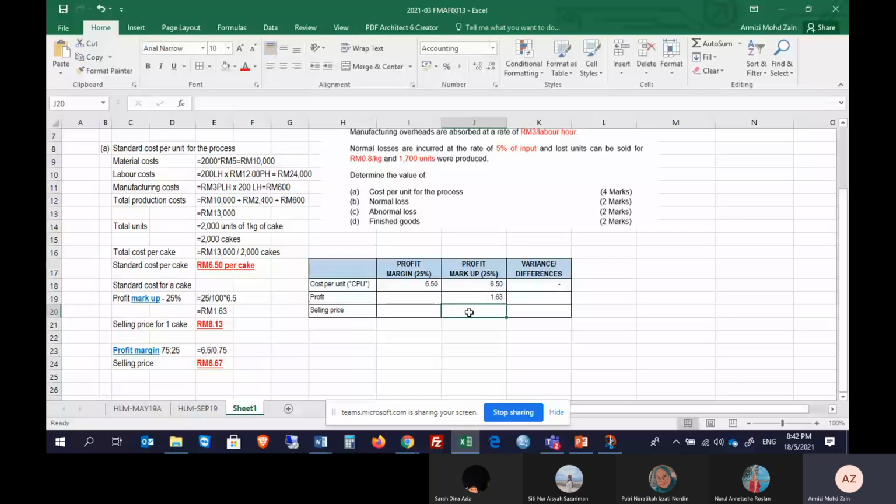Ini dia dapat 1.63. So selling price dia this one. Okay. Kalau ni profit margin, ini you kena bahagi dengan 75%. Kita dapat selling price. So this one total ni tolak dengan atas, and then you will dapat differences. Okay. Ini adalah differences dia.